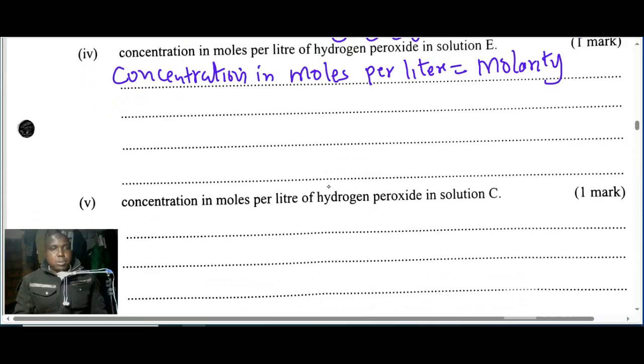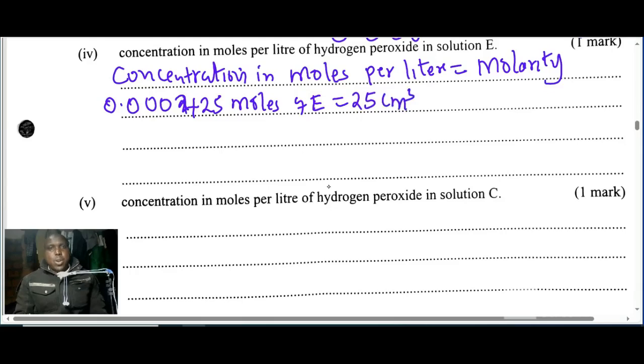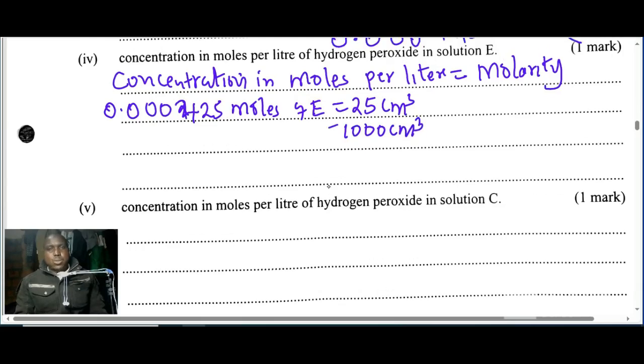Tumepata kwamba 0.0000425 is the number of moles of E in 25 centimeters cube. 1,000 centimeters cube, because 1,000 is equal to the liter, will contain how many moles?